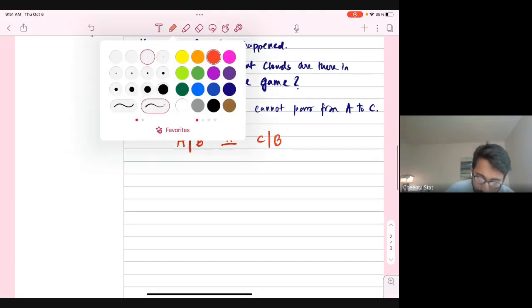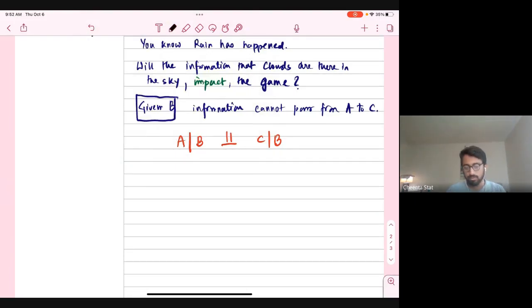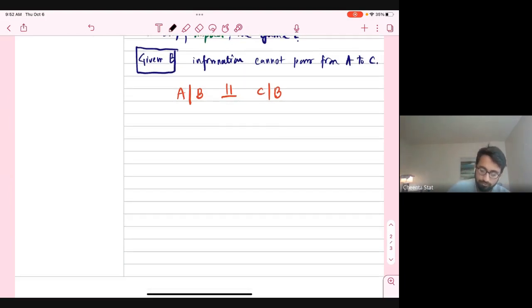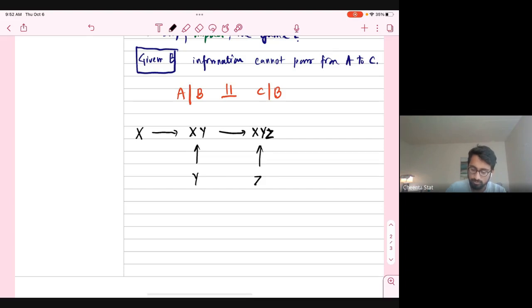So now let's try to understand this model, same here. In that case, it was X implies XY. Here it was Y. Here it's XYZ. So we know the value of XY.